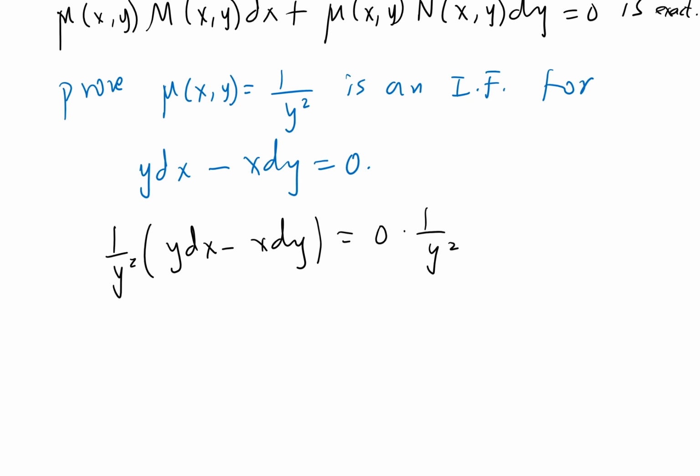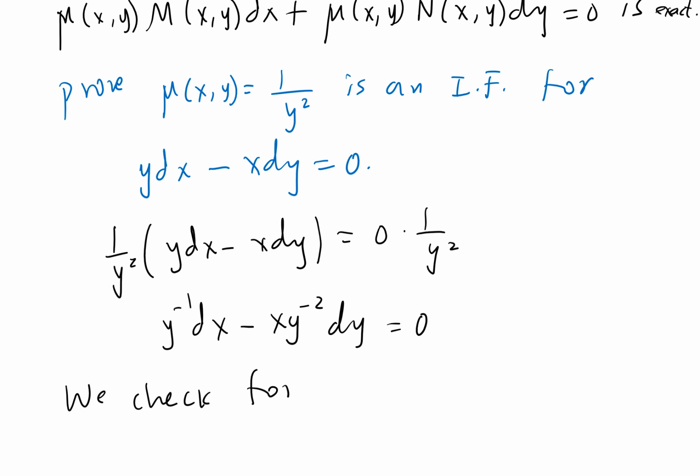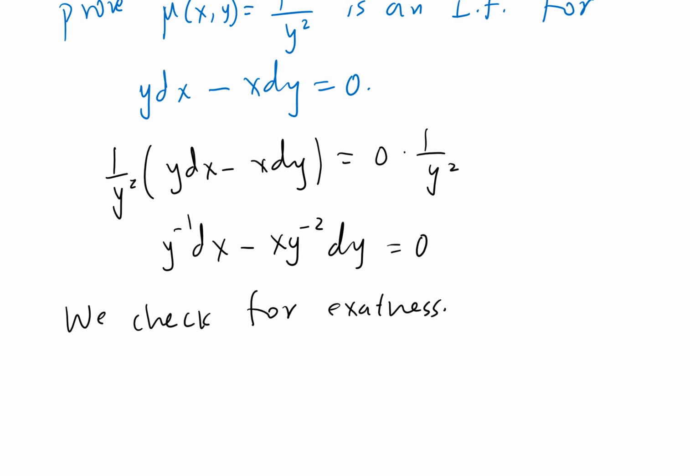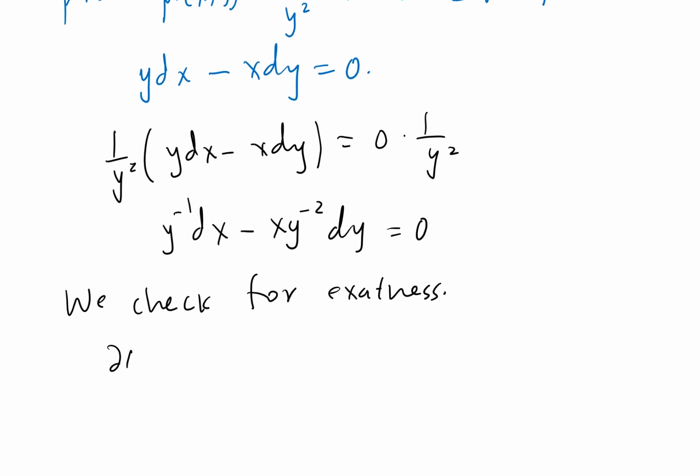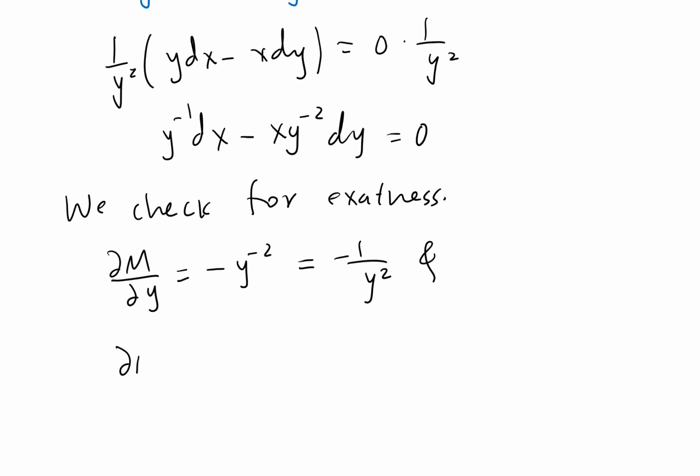What do we get here? When you distribute, you get y to the negative 1 dx minus x times y to the negative 2 dy equals 0. Now we check for exactness. If we find partial m partial y, that's negative y to the negative 2, or negative 1 over y squared, and partial n partial x is negative.